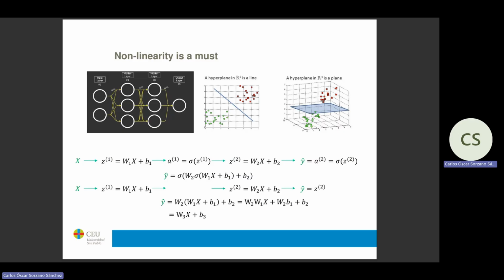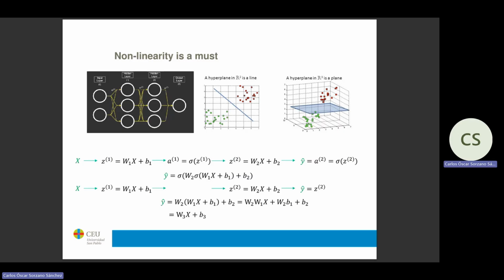If you now compose everything, you have the first linear combination times the second matrix of weights plus the bias. You expand all that, and what you have is X multiplied by a matrix and then some vector. So it is equivalent to this.